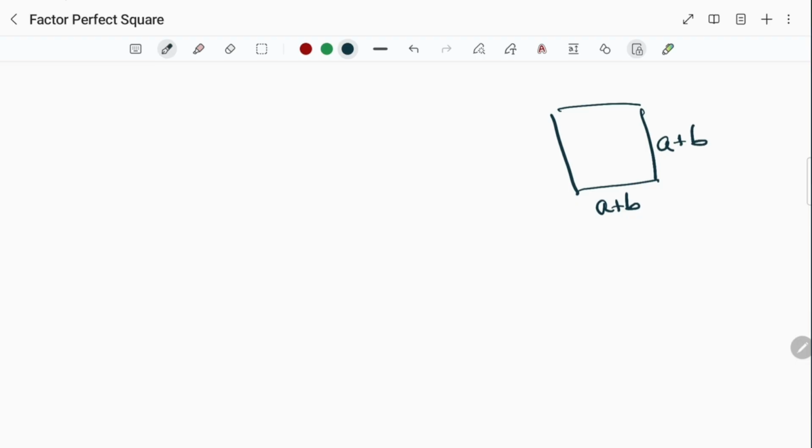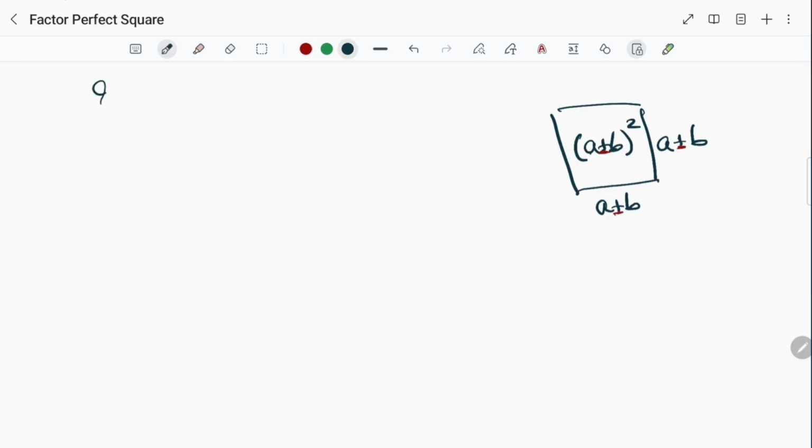The area, when we multiply a plus b times a plus b, is a plus b to the square. It's a perfect square because we multiply one side by the other side. The same thing if instead of a plus b it is a minus b, the square will be a minus b to the square.